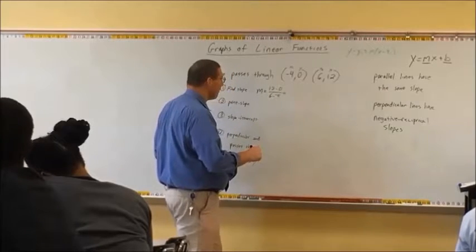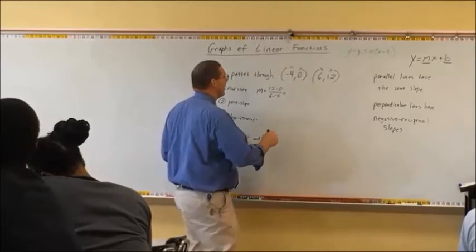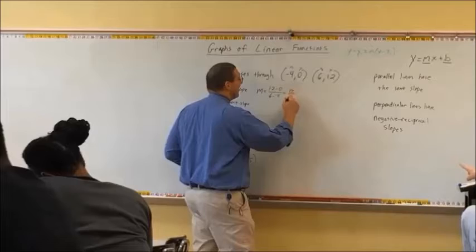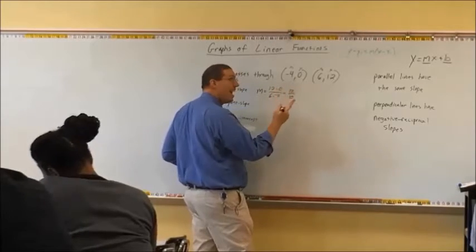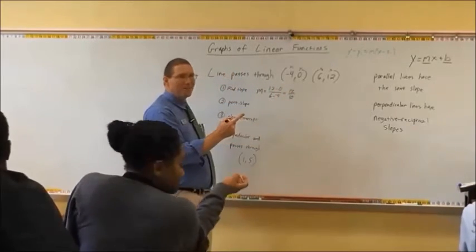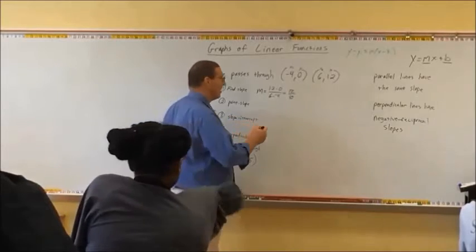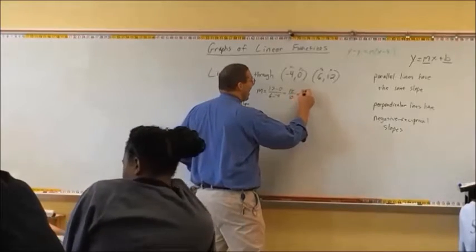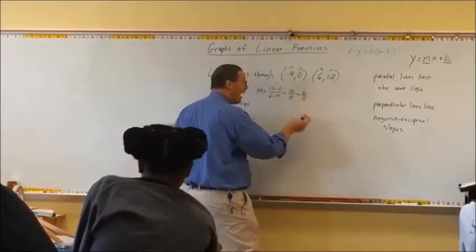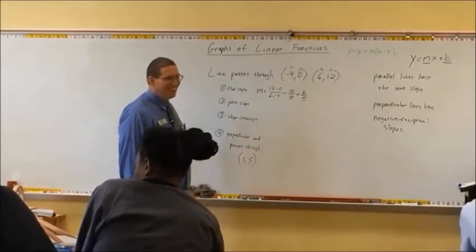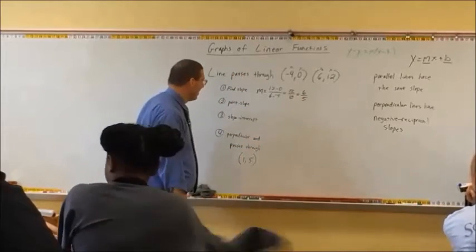Mr. Ryan messed up the first time he cut it out. 12 over 10. Is this more like what you got? Okay, very good. Thank you. Which is actually equal to 6 over 5. All right. Sorry about that, guys.